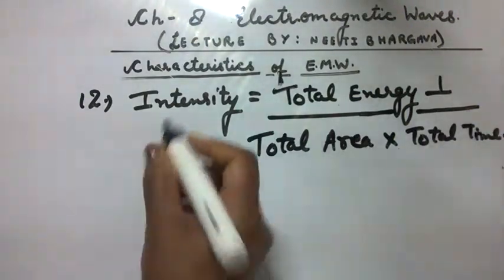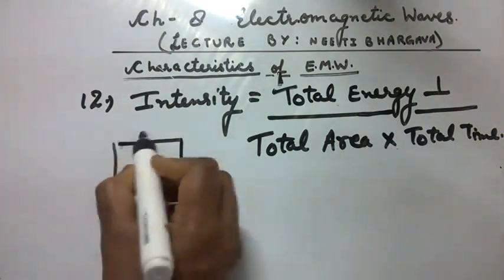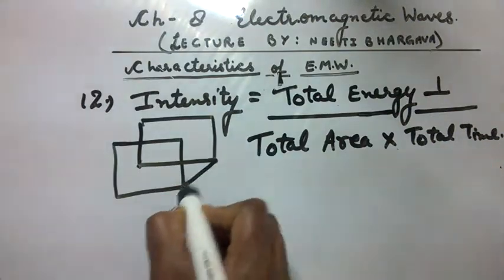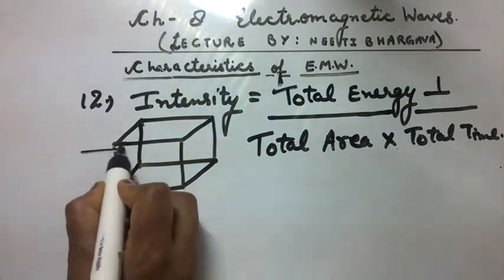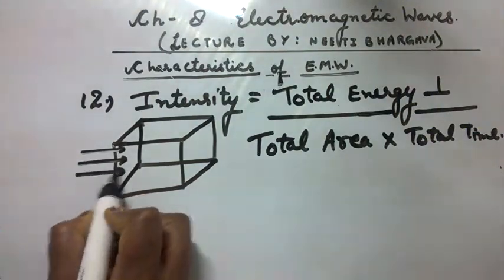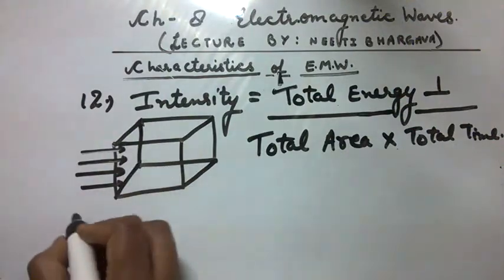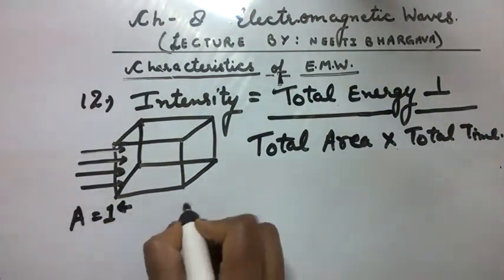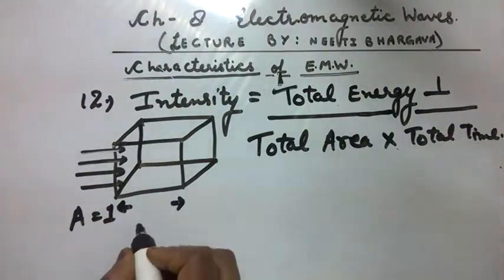Let us suppose an electromagnetic wave is passing through a surface normally to it, and its area of cross section is A, which is equal to 1, and its total distance or length is, as we know, that the speed of light is equal to c.